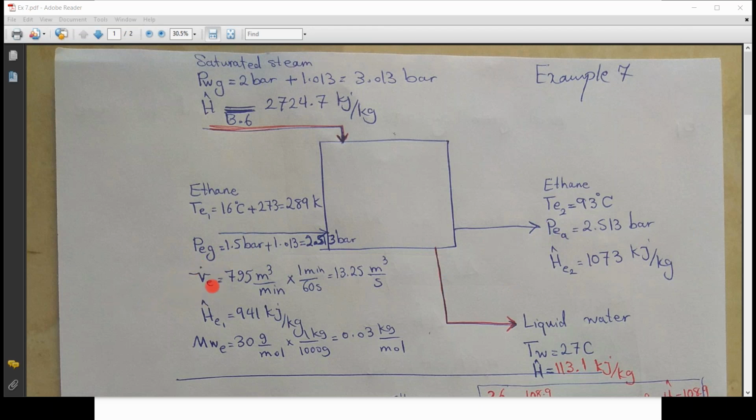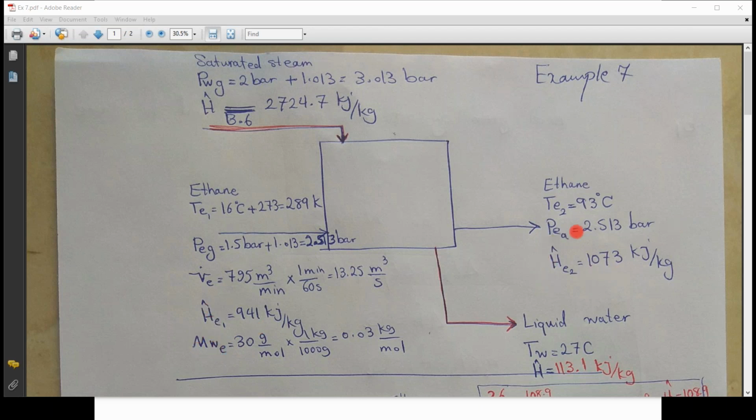They already give you the volumetric flow rate of ethane at the inlet, 795 meter cube per min. They give you a specific enthalpy of the ethane at this temperature, and they give you the molecular weight of ethane as well, that I put here.